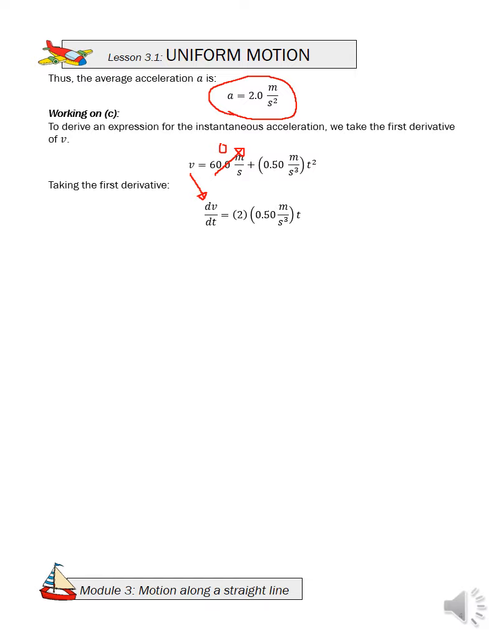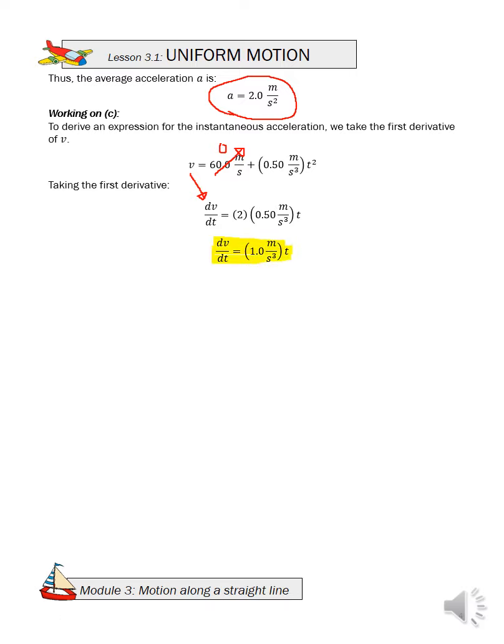And then for the second term, we bring down the exponent. So 2 now becomes a coefficient. 2 times, copy whatever is left, 0.50 meters per second cubed times t with its exponent deducted by 1. So 2 now just becomes 1. This is now your dv/dt. I hope you still remember how to take derivatives from your calculus classes. And therefore, our dv/dt finally will look like this.